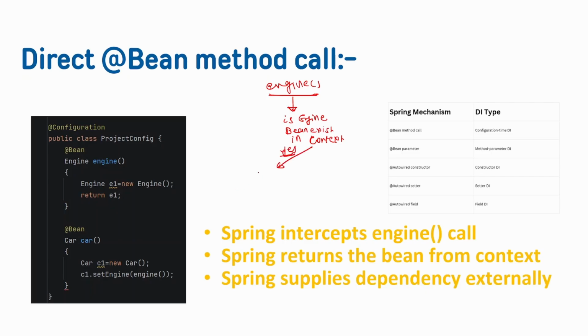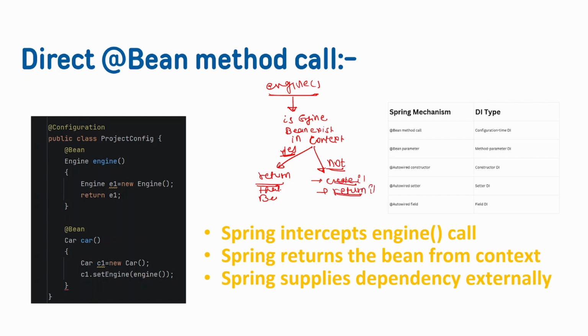If it exists, it directly returns that bean. But if the engine dependency is not present in the Spring context, it first creates it and then returns it.